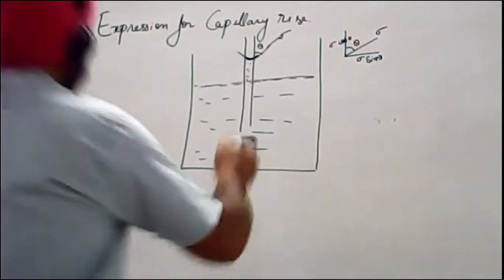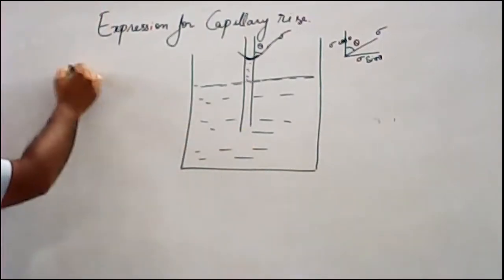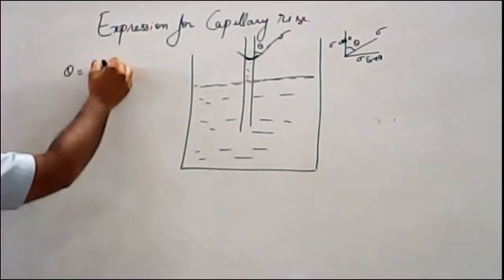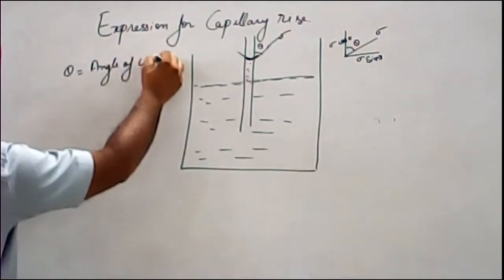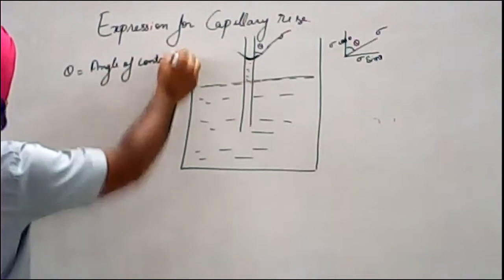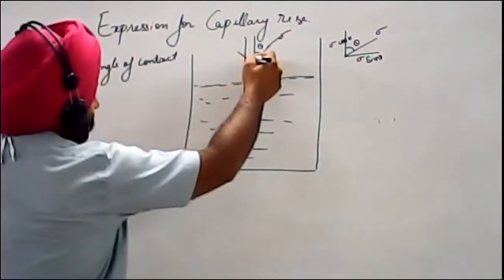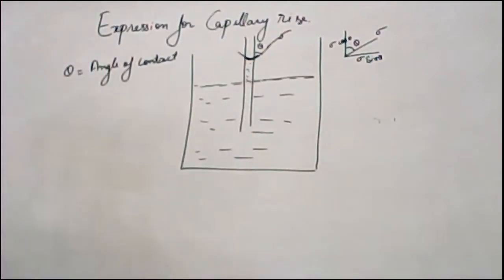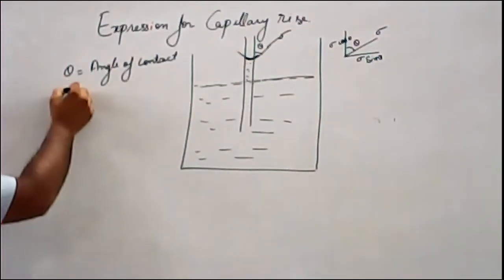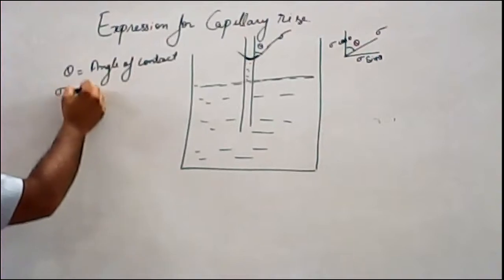Theta is the angle of contact between this curve and the tube. This particular angle is called theta, and sigma is surface tension.